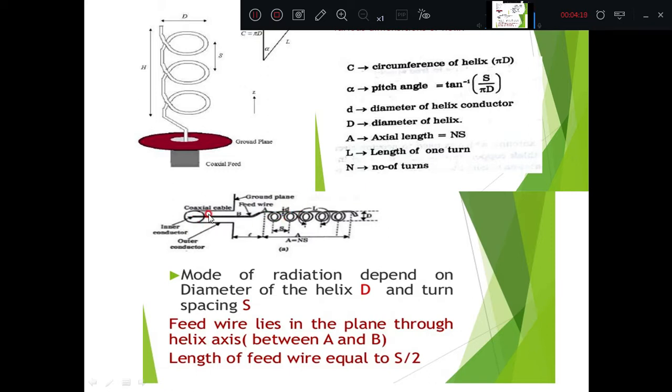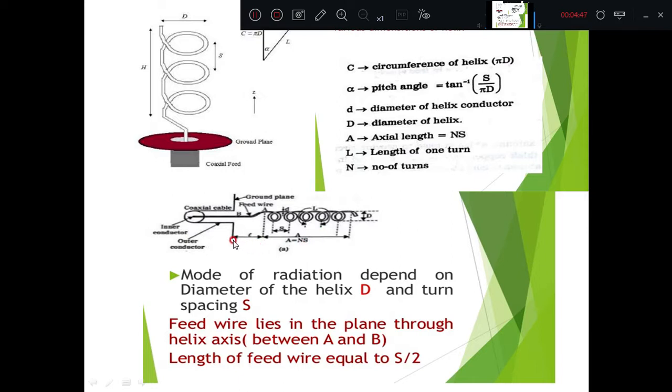Here we have a coaxial cable with inner conductor as well as outer conductor, right? So this is completely a coaxial cable, and inside we have the inner conductor and this one is the outer conductor. This helical antenna is basically made of wire, that's why it is called a type of wire antenna, right?